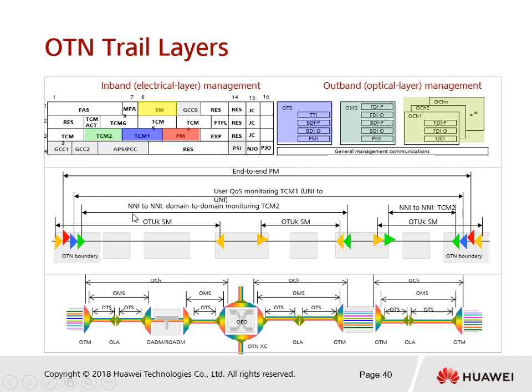This one was used from NNI to NNI for the domain-to-domain monitoring. Another part here, between the OTM and this OTM, we use another TCM2. This TCM2 is for the cascading. Okay. And for the detailed overhead, we already introduced it in the previous course.